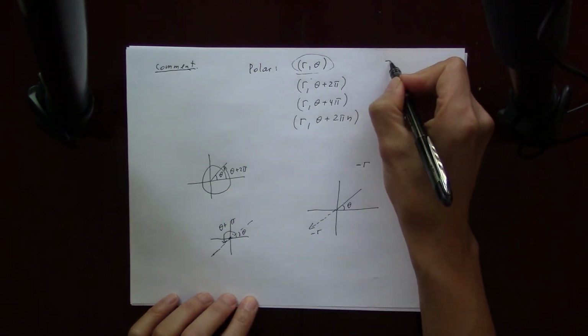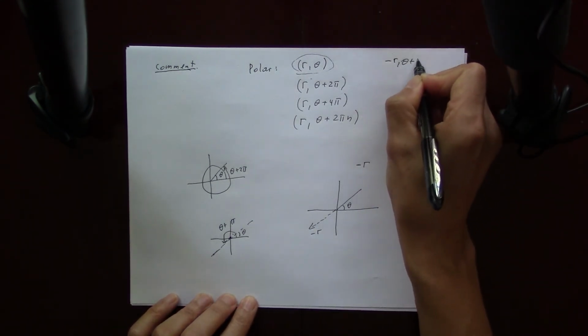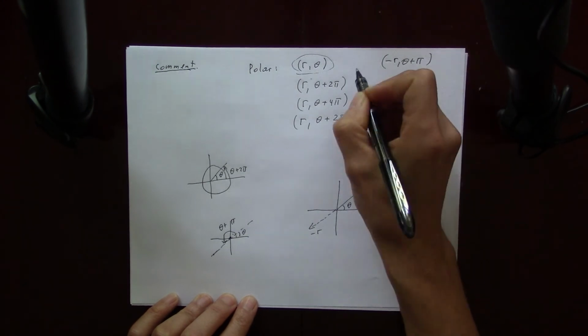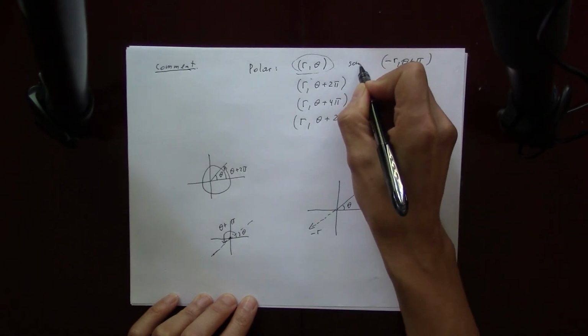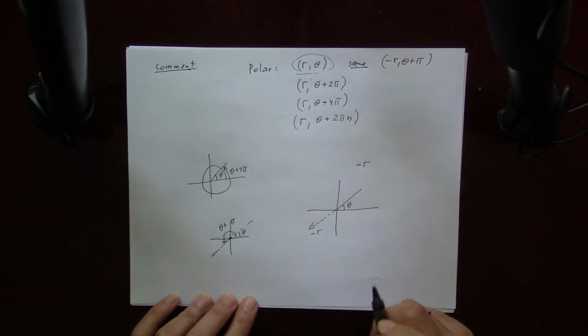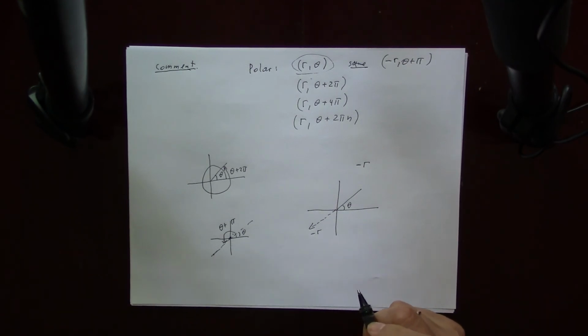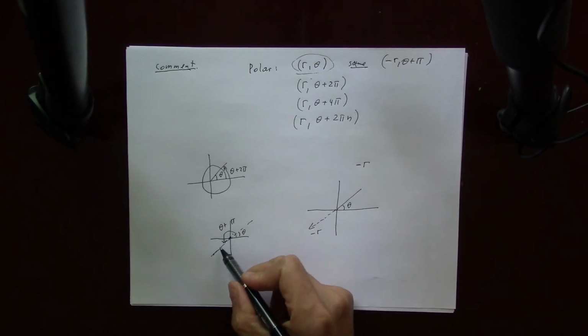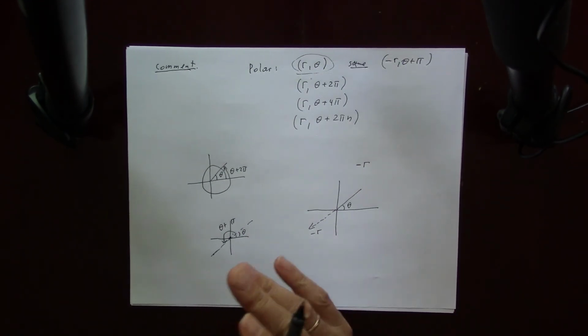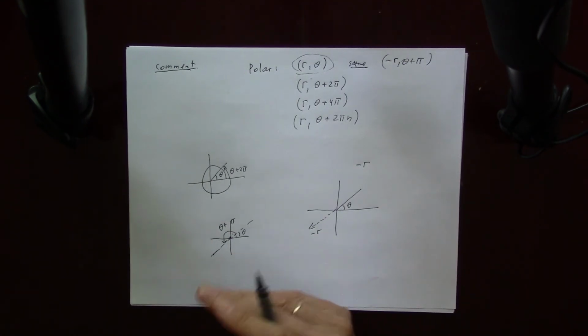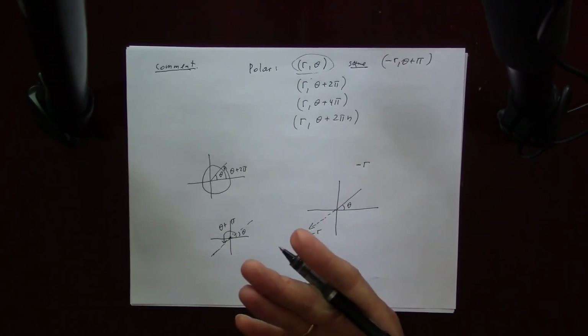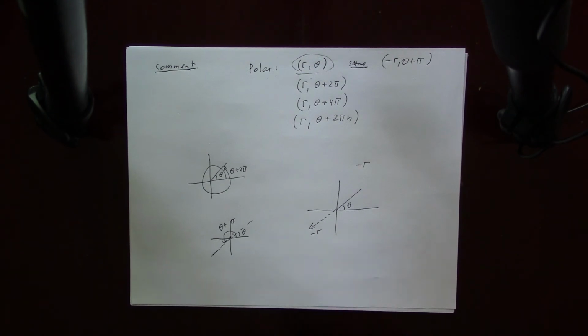So negative r and theta plus pi are going to be the same point as r and theta, because theta plus pi will tell you that you switch direction. Negative r also will tell you to switch direction. You switch direction twice, and we're going to get to the same original direction.